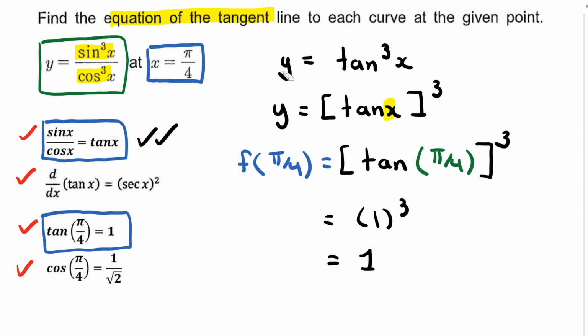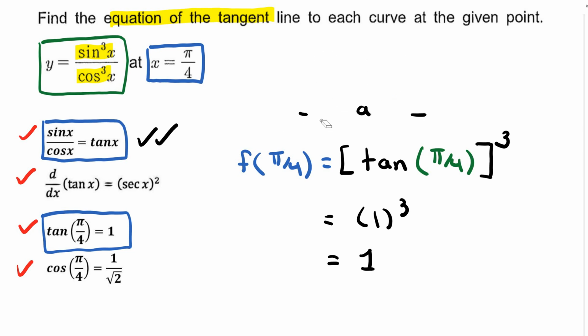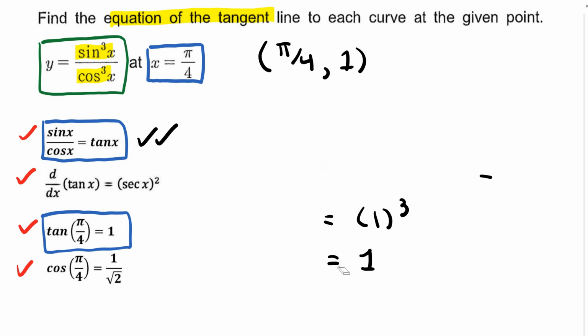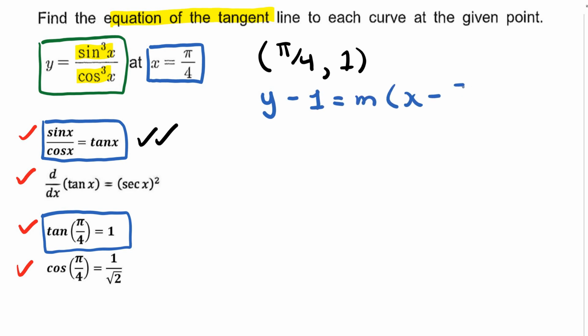Okay, so what does that really mean? It means that we found our point, where the tangent line intersects the original graph, at the point pi over 4, comma 1. That's exactly what we just found. And if I update my tangent line, it's just y minus 1 equals m bracket x minus pi over 4.